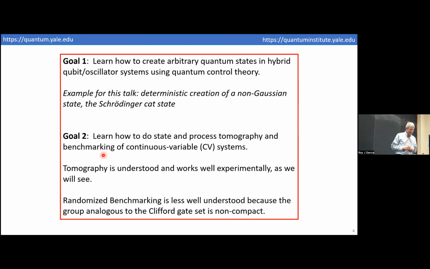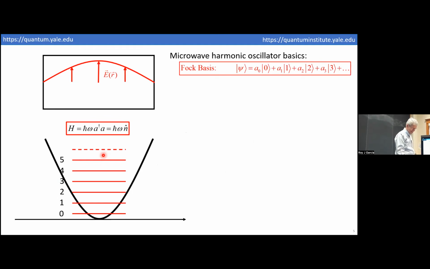Because the unitary group isn't compact in the oscillator case, we don't really know how to do that. So that's an open problem I'll list at the end.